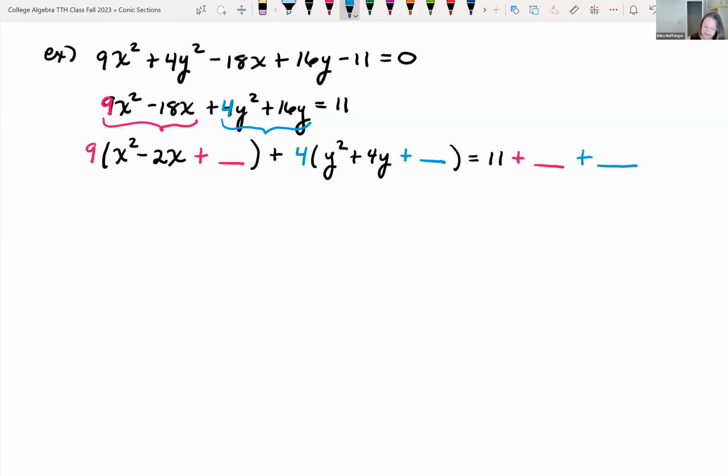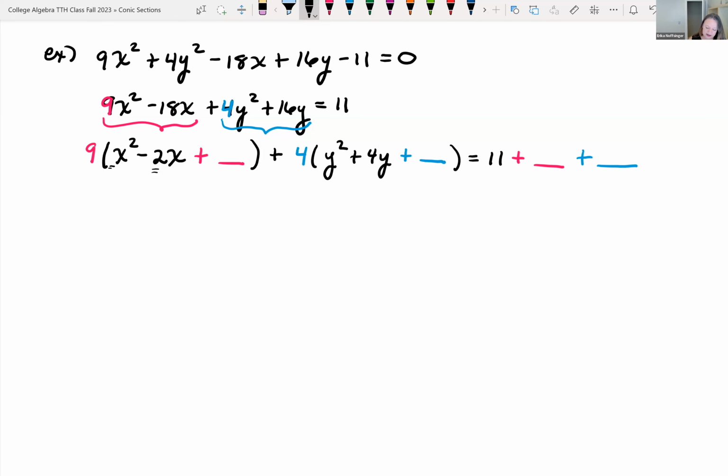And recall, if we add something to one side of the equation, we have to add it to the other side of the equation to have the equations remain equivalent. So now that I have my coefficient in front of my x squared as 1, I'm looking at my middle term, which is negative 2x. I'm dividing negative 2 by 2. That's negative 1. So the same number I'm adding to get negative 2 is negative 1.